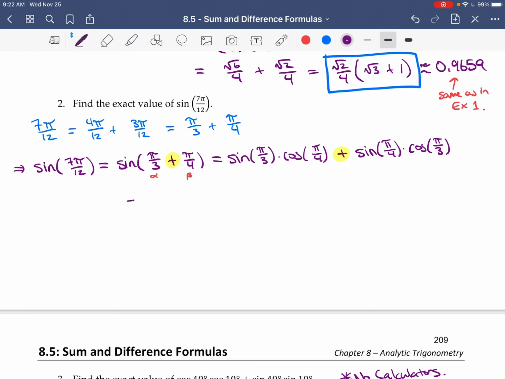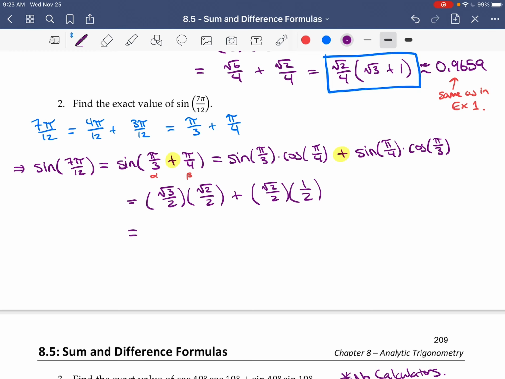Now I know the exact values for all of these. Sine of pi by 3 is root 3 over 2. Cosine of pi by 4 is root 2 over 2. Sine of pi by 4 is also root 2 over 2. And cosine of pi by 3 is 1/2.